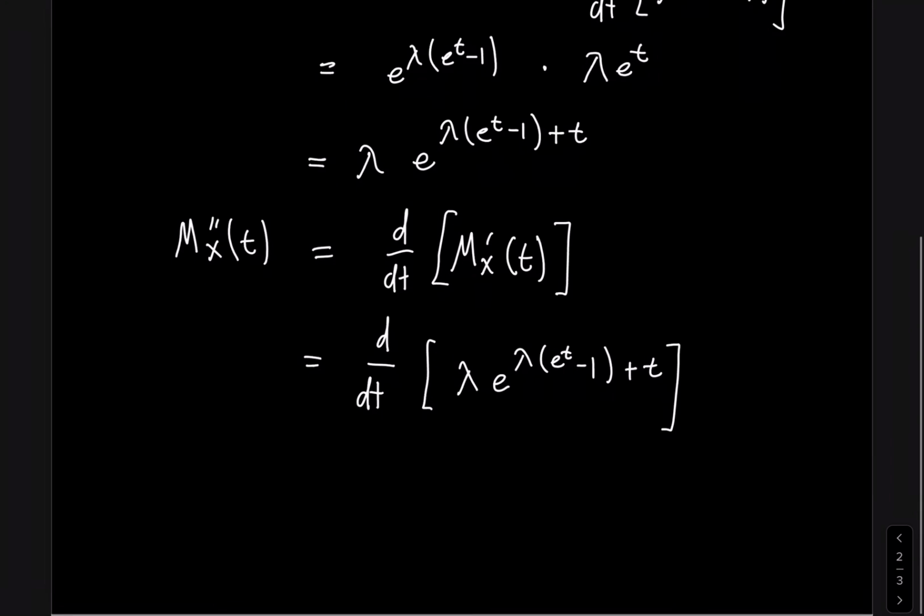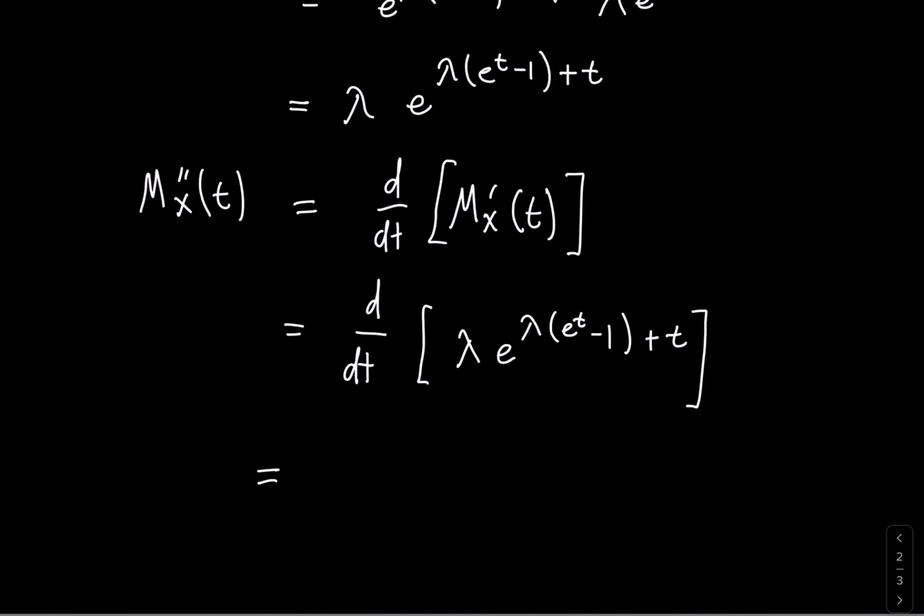A bit complicated, but then recall again that when we have a derivative of an exponential, what we are left with is first the original exponential, and then we need to multiply by whatever's in the power.